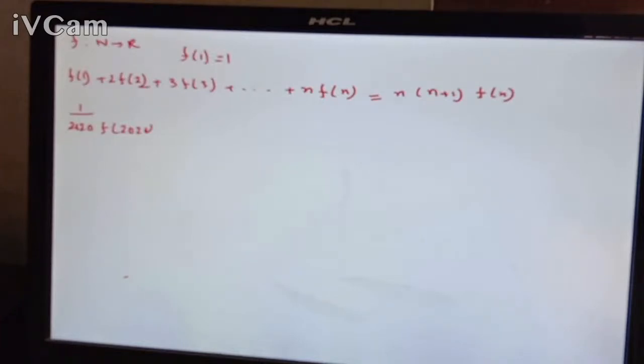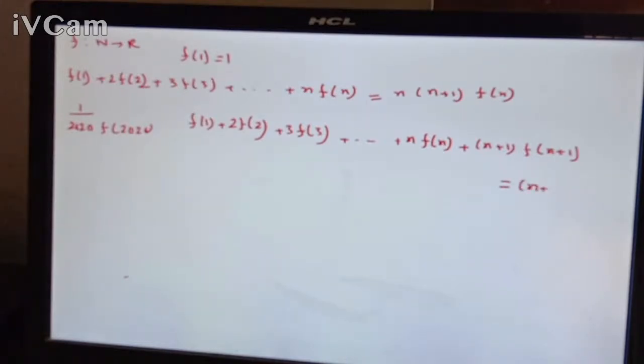Now, how to solve that type of problem? Basically, if I say that f(1) plus 2f(2) plus 3f(3) plus ... plus n f(n) plus (n plus 1) f(n plus 1) is equal to (n plus 1) into (n plus 2) f(n plus 1).